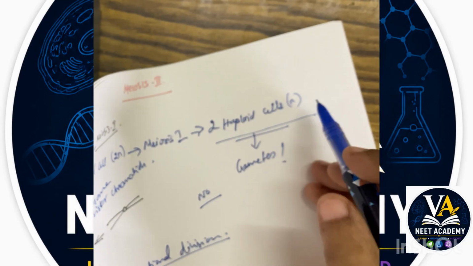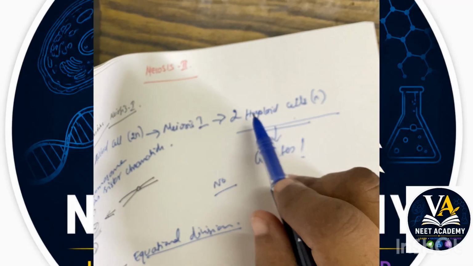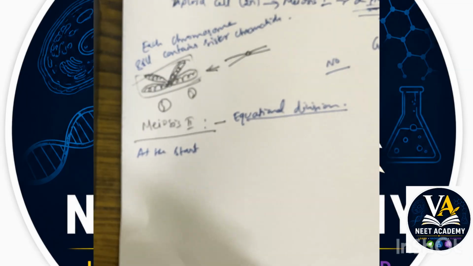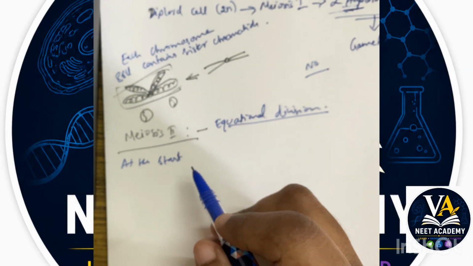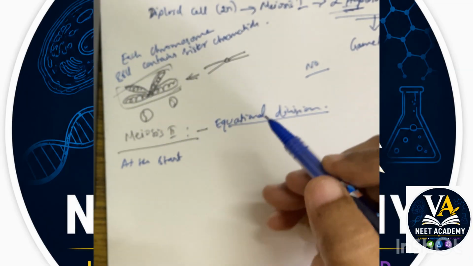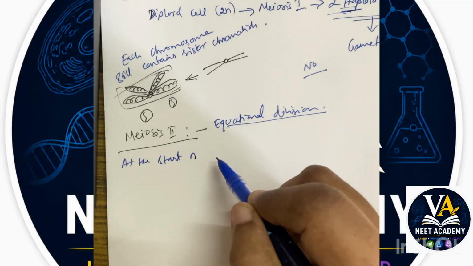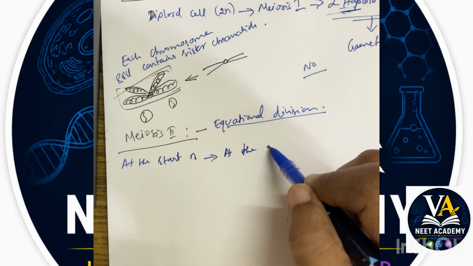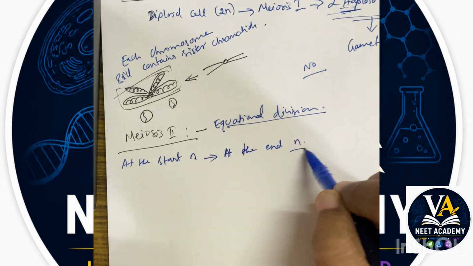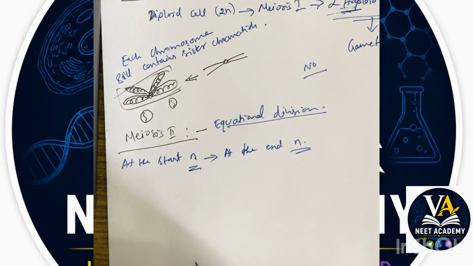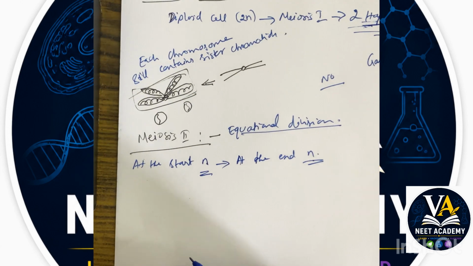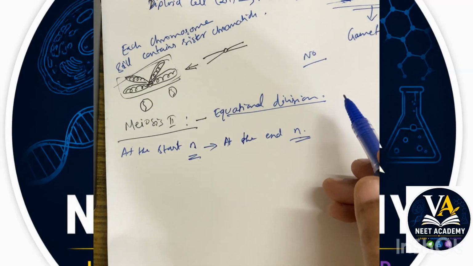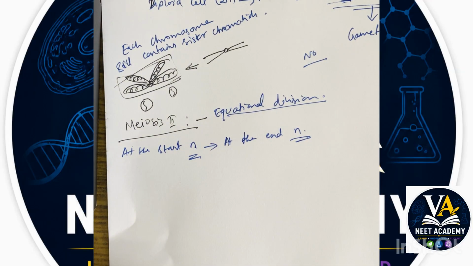These two cells, each having n chromosomes. At the start there are n chromosomes. So what happens at the end? At the end of meiosis II, you will have the same number of chromosomes, n number of chromosomes, and this is why it is called an equational division. Hope it's clear.